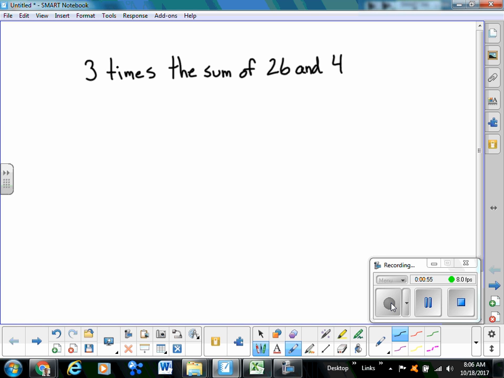So we're going to take 3, and multiply it by the sum of 26 and 4. Or we could say we take 26 and 4, which we put in parentheses because we have to add those two together first, and then multiply it by 3.